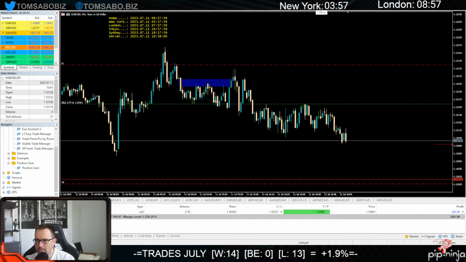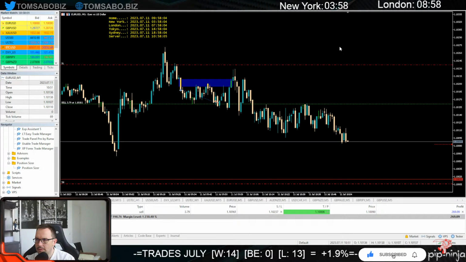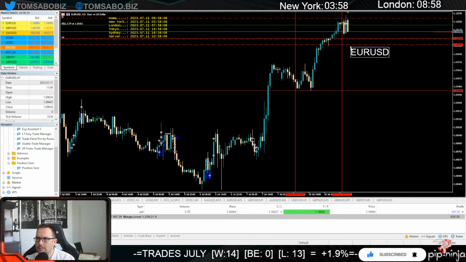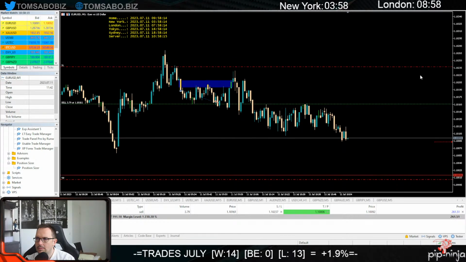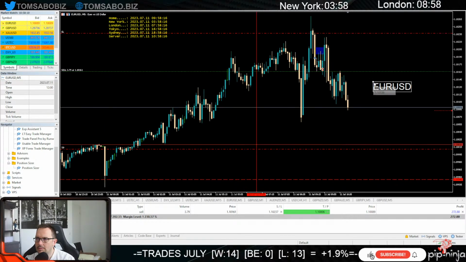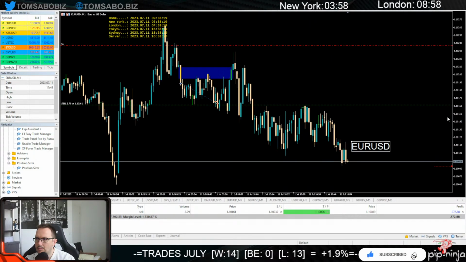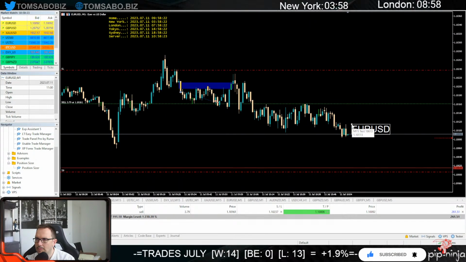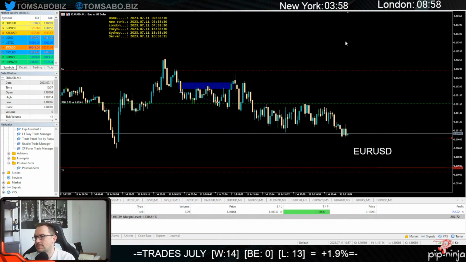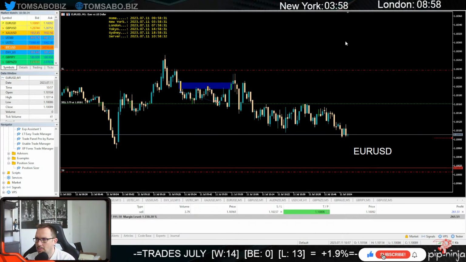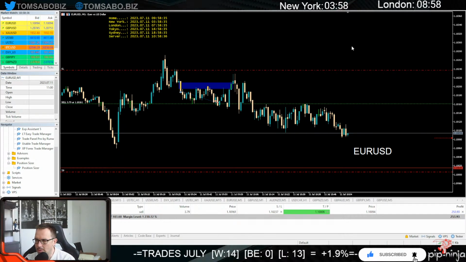This is the euro dollar, by the way, just saying. That's TP1. Come on, euro, just a very small push, please.